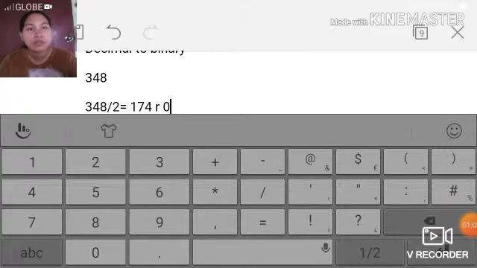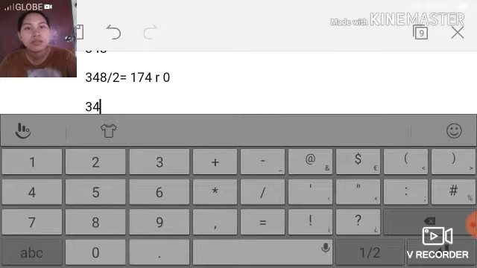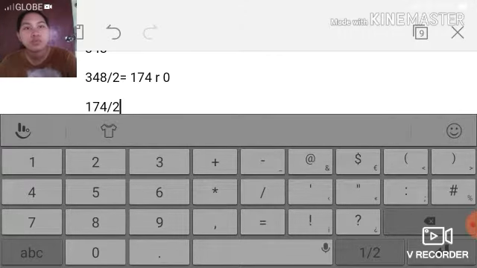Then 174 divided by 2 equals 87, remainder 0.